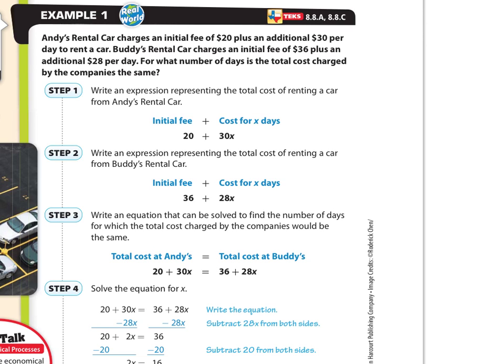All right. The first thing that we need to be able to recognize, we have 2 different sides of this. We have Andy on the left. We have Buddy on the right. So for Andy, we know that that's $20 plus the $30 per day to rent the car. We need to identify which one of these numbers is being multiplied. Okay? What word should tip you off?